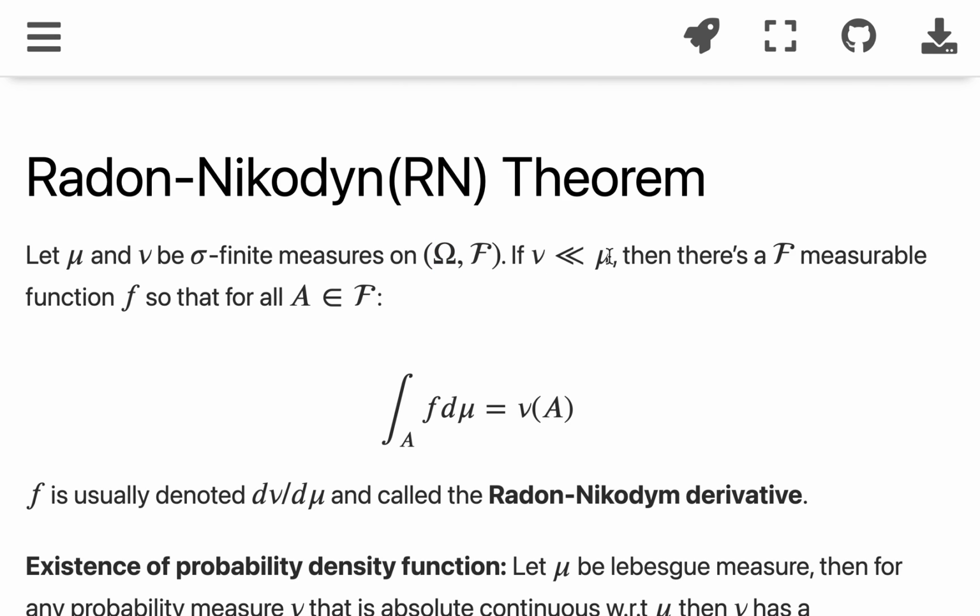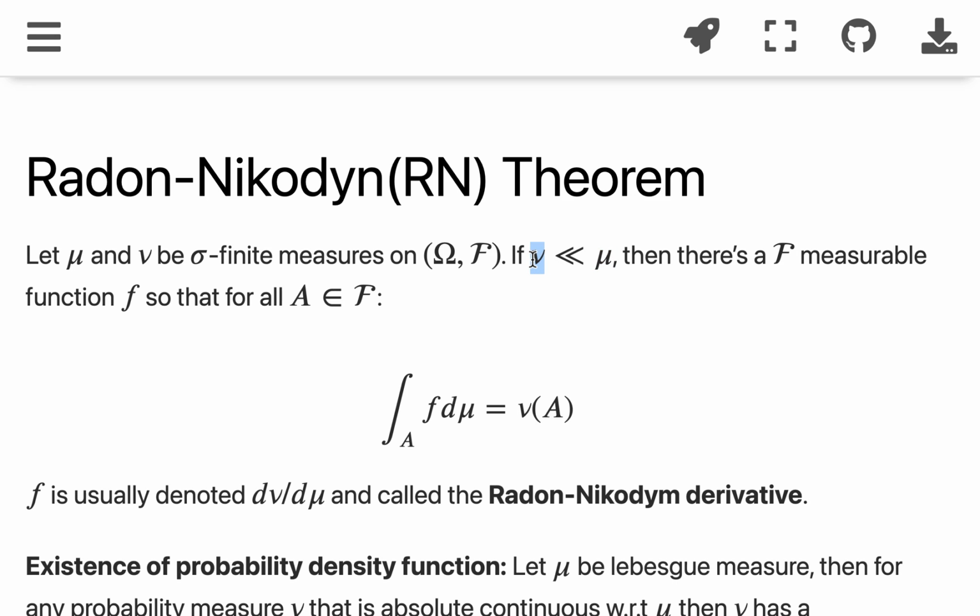And also, mu is absolute continuous with respect to nu is absolute continuous with respect to mu. What absolute continuous with respect to means is that for a given set A, if mu A is 0, then nu A is also 0.